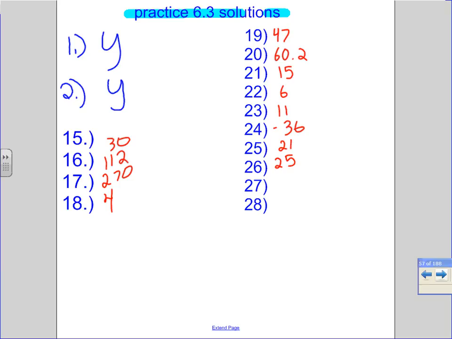Matt, what did you get for 27? Yep. So, yep, 300 out of the 12,000 are defective. Okay, 28A, I'll let someone talk through this. Charles, how do you set it up?